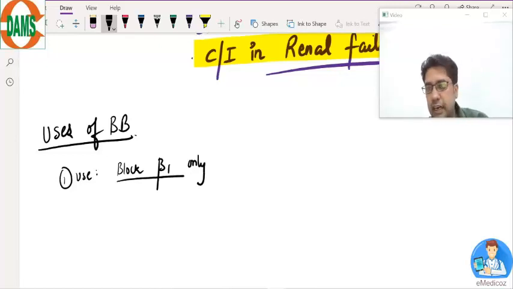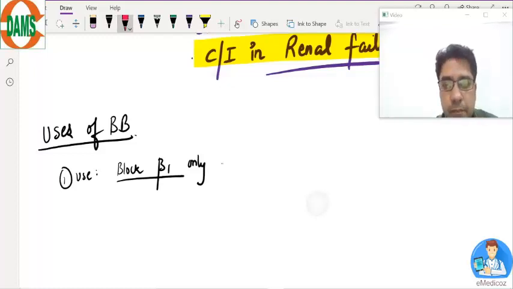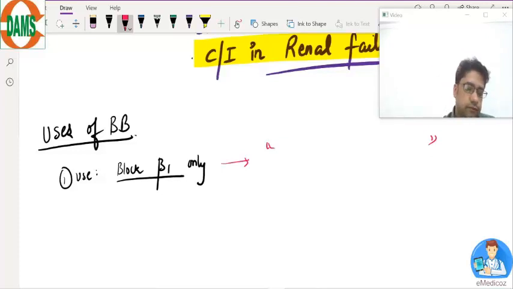My question is, there are certain diseases in which you want to block only which receptor? Beta 1 receptor. Now tell me, which beta blocker would you like to use? Cardioselective or non-selective?